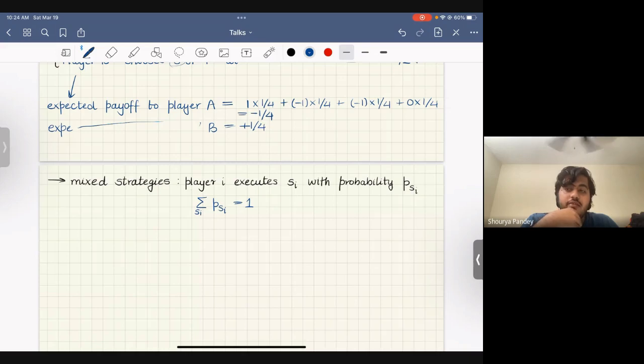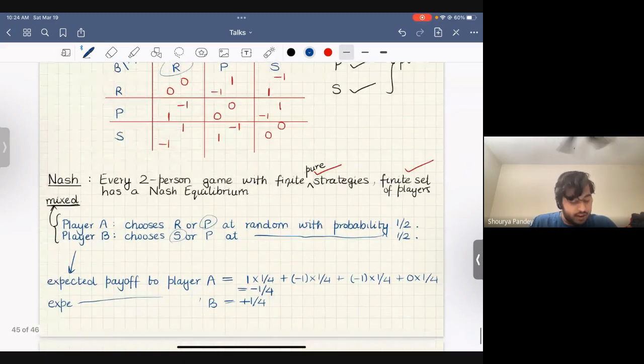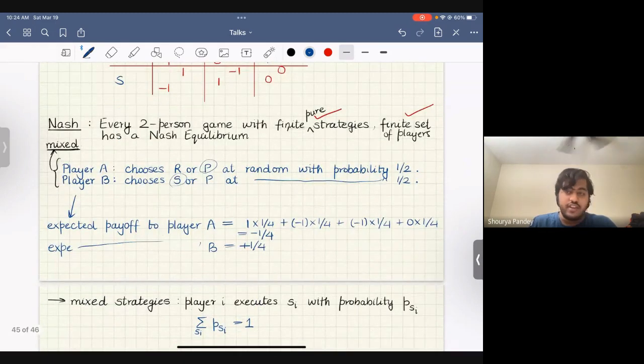The game tells us what these fundamental strategies are, which are like the actual playable moves. Even if we were choosing these at random, finally we're making a move which is one of RPS, right? And so pure strategies are the actual moves that we make, and mixed strategies are probability distributions over actual moves. For example, if you've played chess, there are 20 different possible first moves.